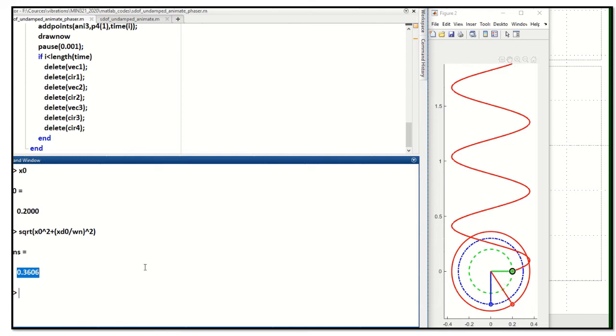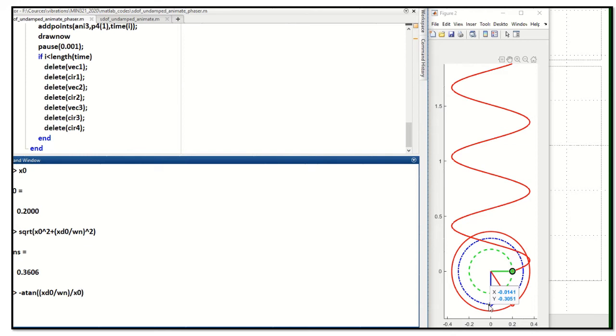This is minus tan inverse of y, which is xd0 divided by omega n. This is the y coordinate, and the x coordinate is x0.